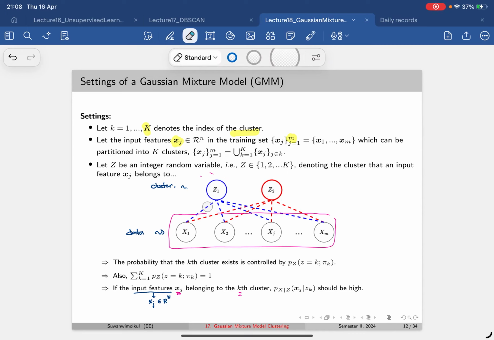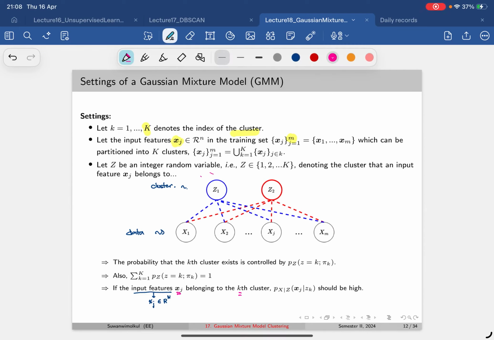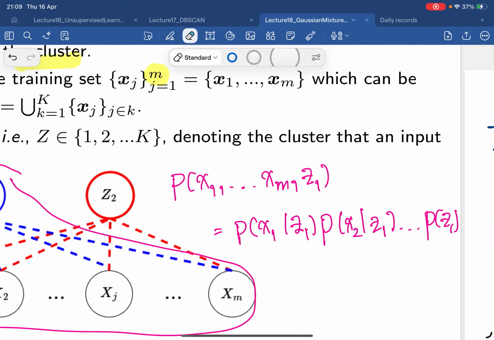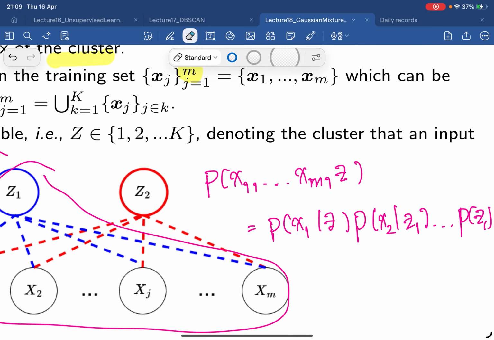So now we know that we have this relationship. When they are conditionally independent, if we only consider the joint distribution between x1 up until xm and z1, this means p of x1 given z1, p of x2 given z1, times p of z1. We can write it like that. That's how we simplify only this probability. And if we consider x up until xm with z2, then we have this local distribution.